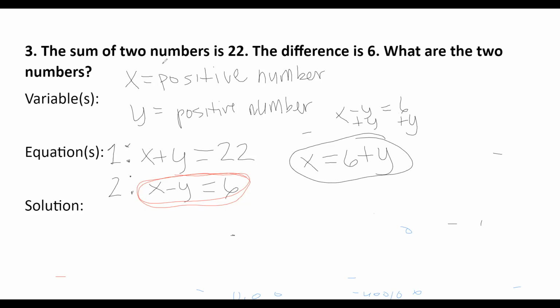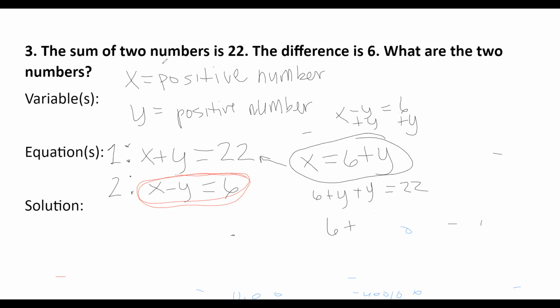So now we're going to substitute x equals 6 plus y into our first equation. So enter right there. Anywhere we see an x, we're going to put 6 plus y. So 6 plus y plus y equals 22. We have to combine our like terms before we can do anything.